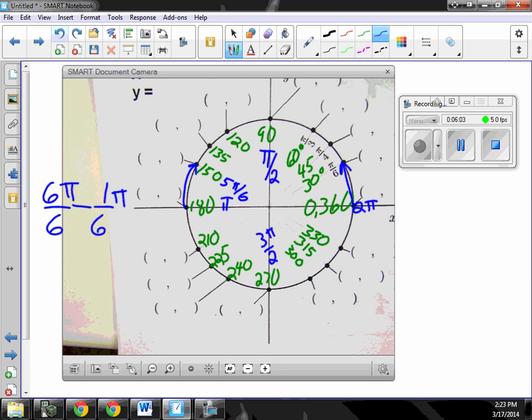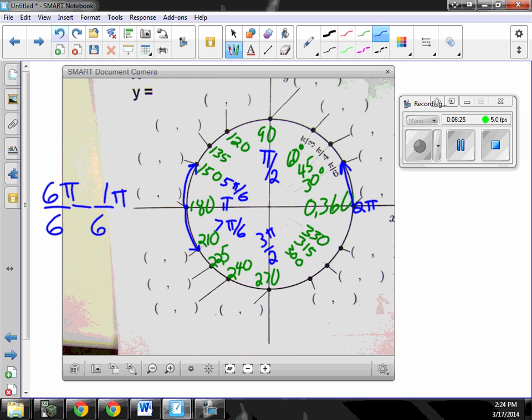Everybody understand that? Well, what if we were to go the other direction and add 1 over 6? Well, what's 1 more than 6 over 6? 7 over 6. So this would be 7 pi over 6. Okay?